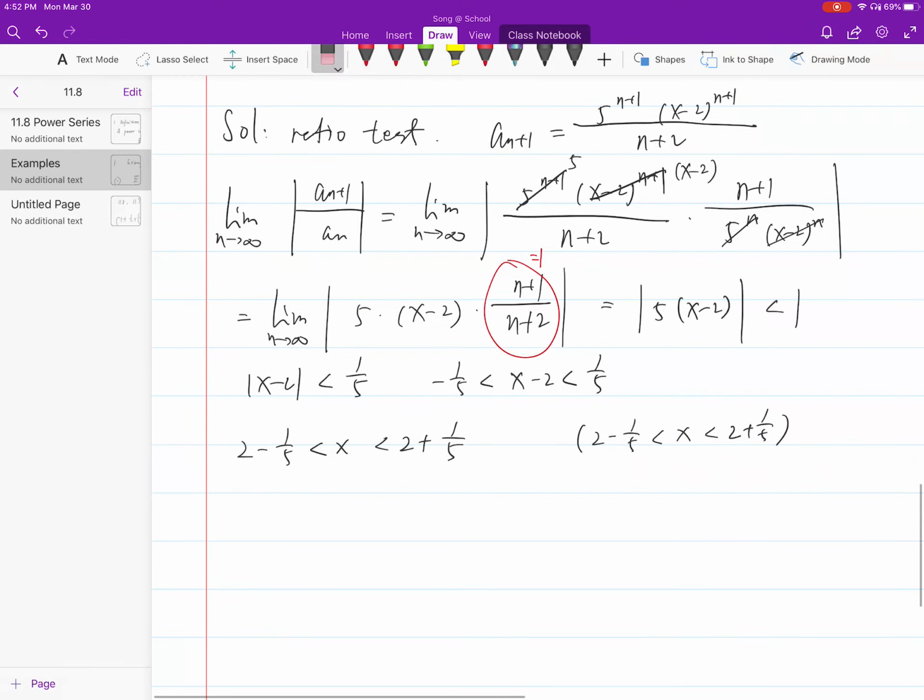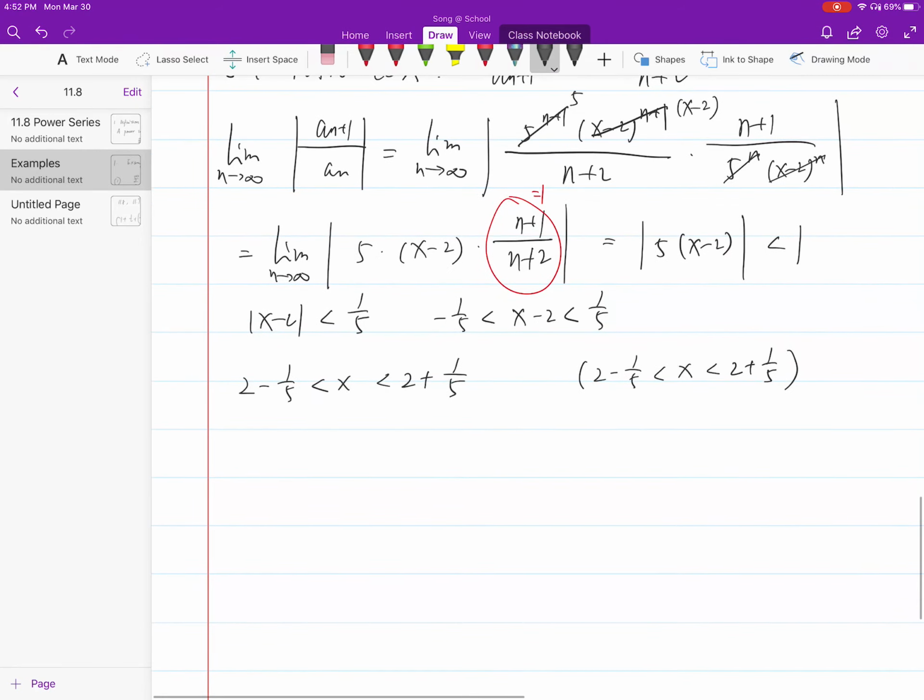This will be roughly your interval of convergence. Roughly. Why? Because if it's outside the interval of convergence, you will have bigger than 1, which is fine, it's divergent. But the only thing you're missing is when this thing happens to equal 1.